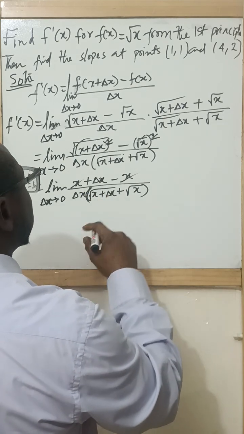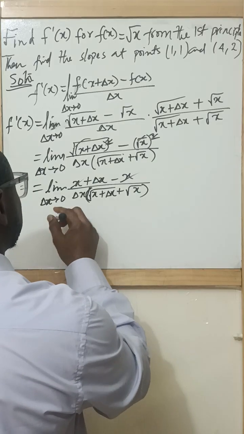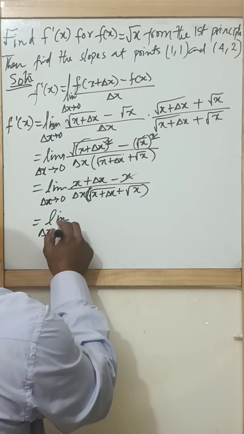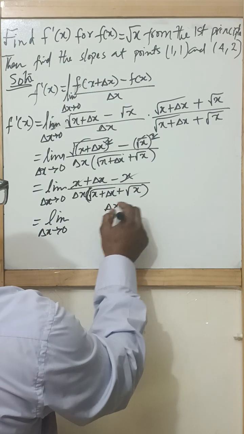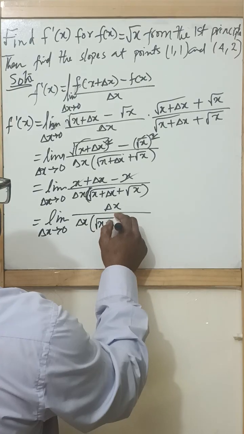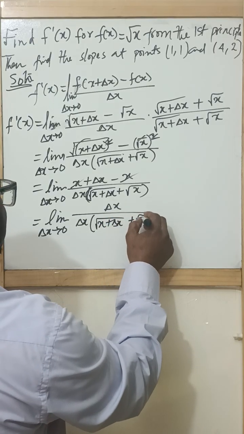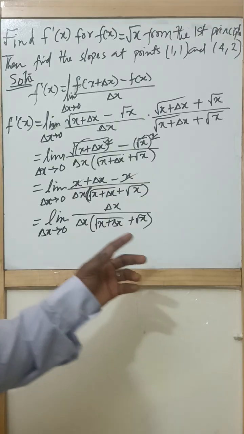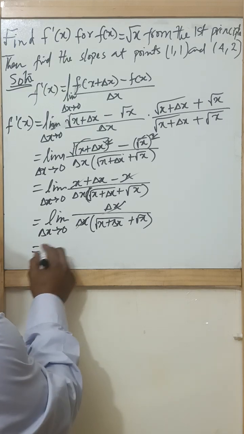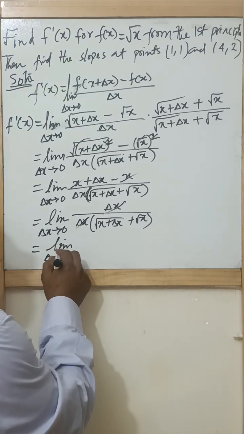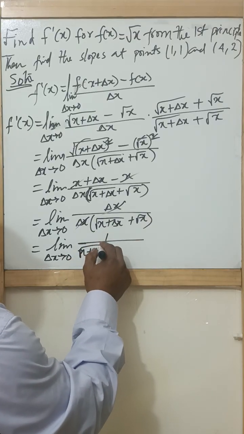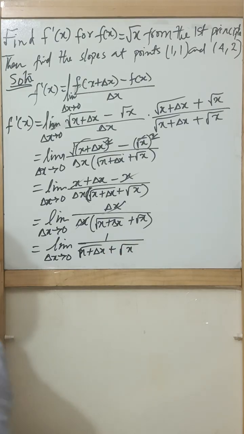And at the end of the day, we are left with the limit as delta x tends to 0 of delta x all over delta x, then square root of x plus delta x plus square root of x. So delta x and delta x cut each other here too, and this becomes the limit as delta x tends to 0 of 1 all over square root of x plus delta x plus square root of x.